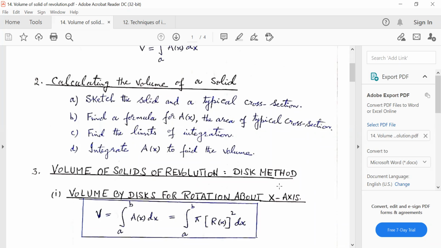So between these 2 lines from a to b, below that curve y equal to f(x), and above the x-axis, just visualize this area in your mind. And once this area is revolved about the x-axis, a volume of solid of revolution will be generated. And then we apply the formula and evaluate the total volume of revolution. This technique is known as your disk method.